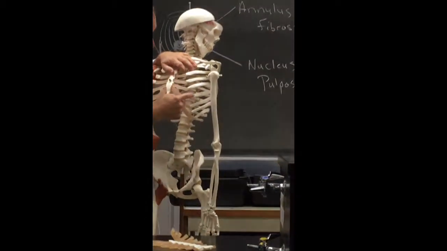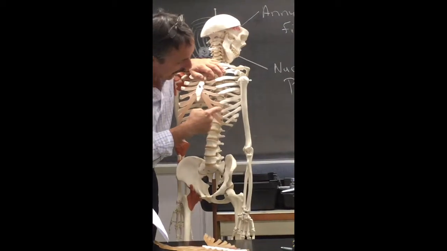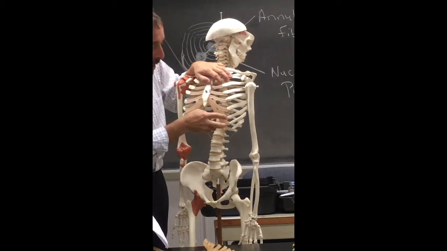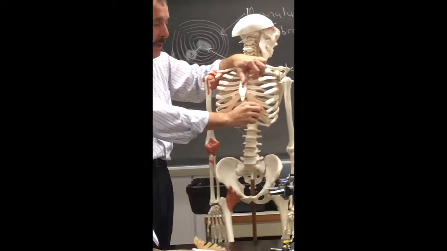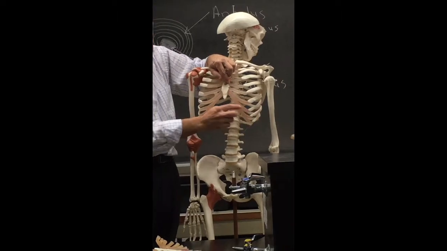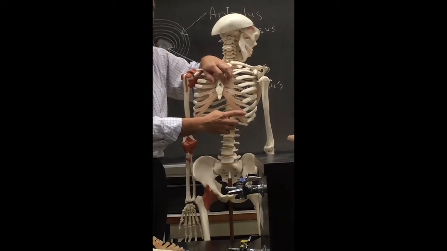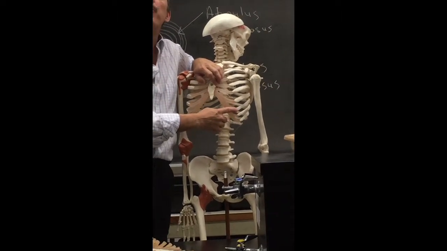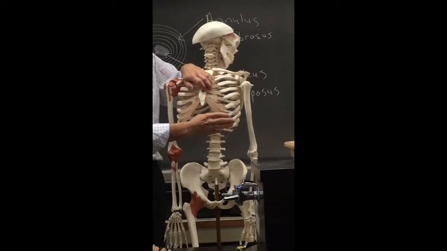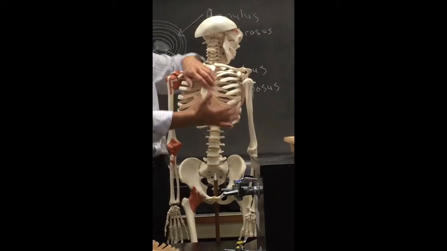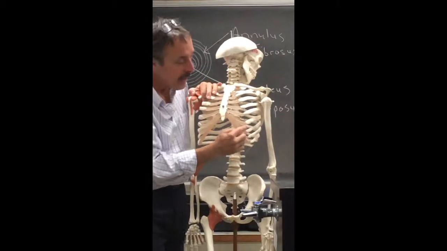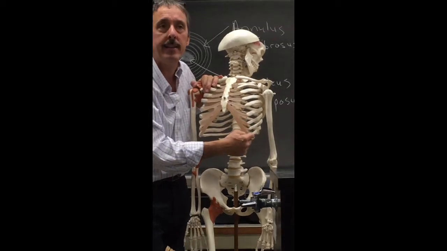However, take a look at 8, 9, and 10. Those 3 ribs have a common branch bringing them to the sternum. There's 1 branch for 3 ribs, so those ribs are classified as false ribs because they have 1 common branch. If you're taking pictures of your bones, take a picture of 8, 9, and 10.